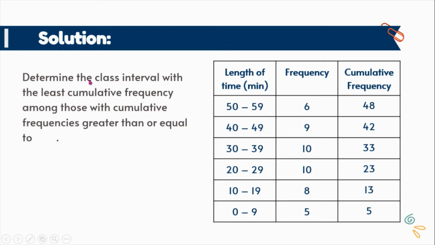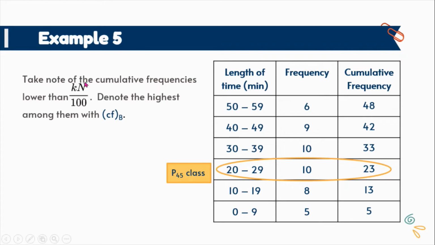So now let's determine the class interval with the least cumulative frequency among these cumulative frequencies greater than or equal to Kn over 100. Since our Kn over 100 is equal to 21.6, the cumulative frequency greater than 21.6 is this 23 here. So this is now our P sub 45 class or the 45th percentile class.